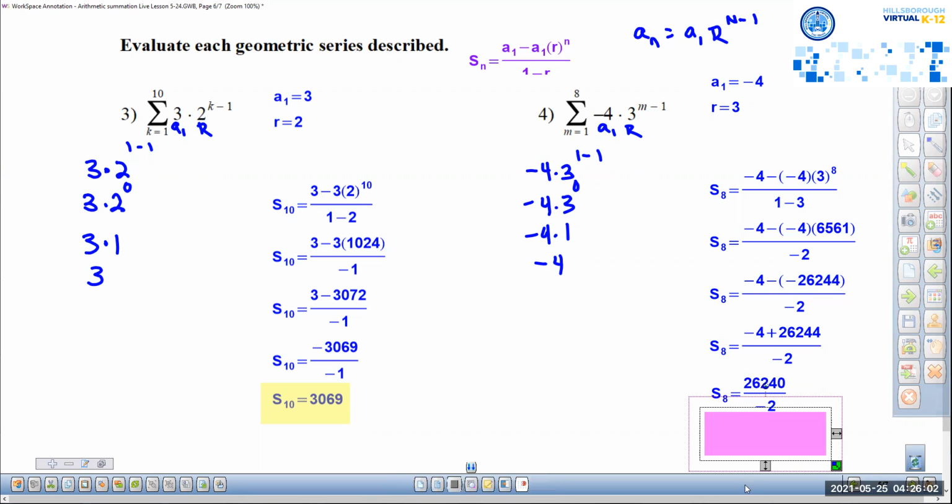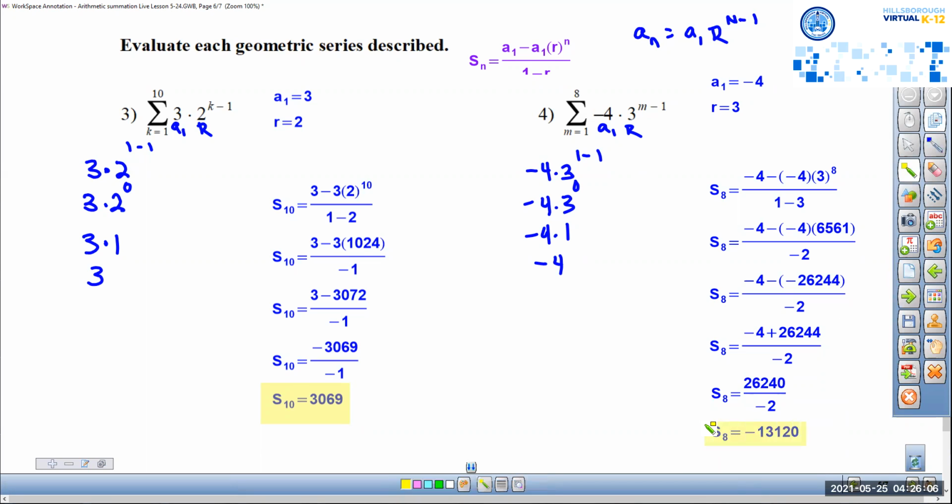Now divide by -2. And your answer is -13,120. So the only ones you're going to work with geometric summation is starting with 1.